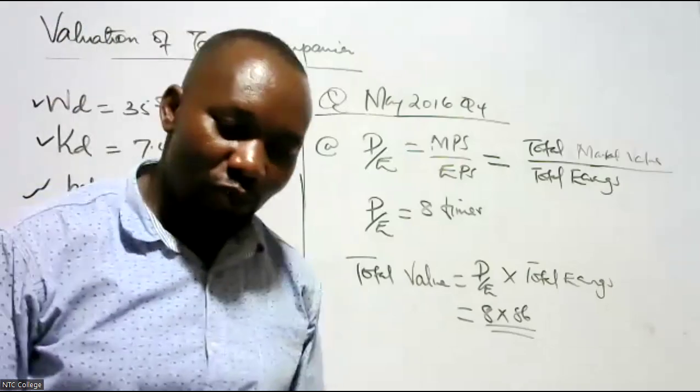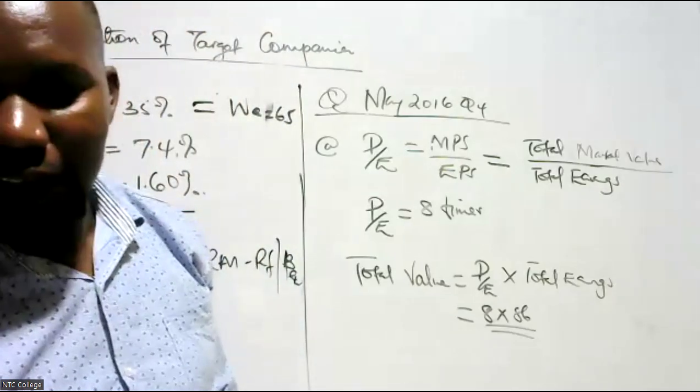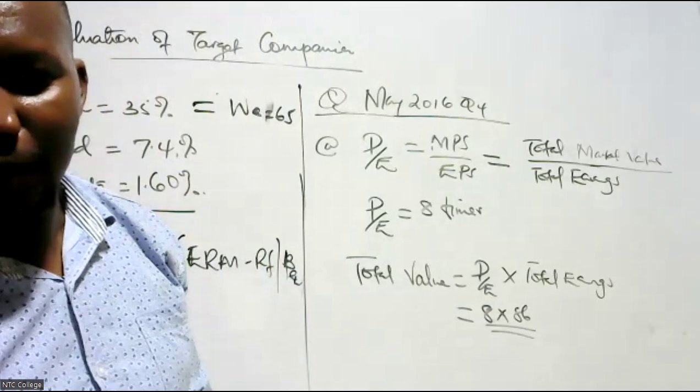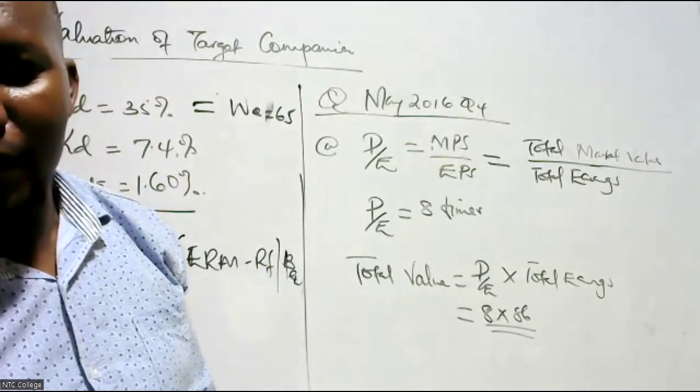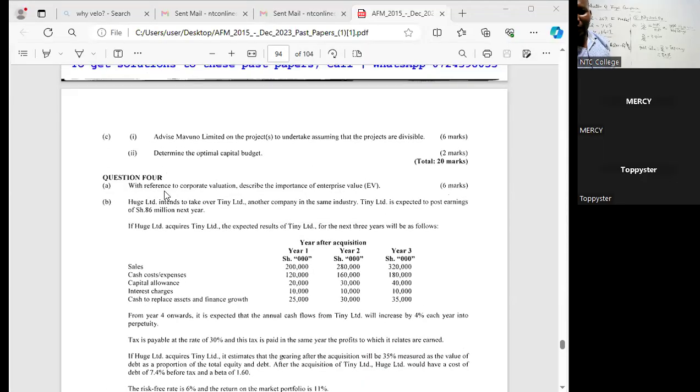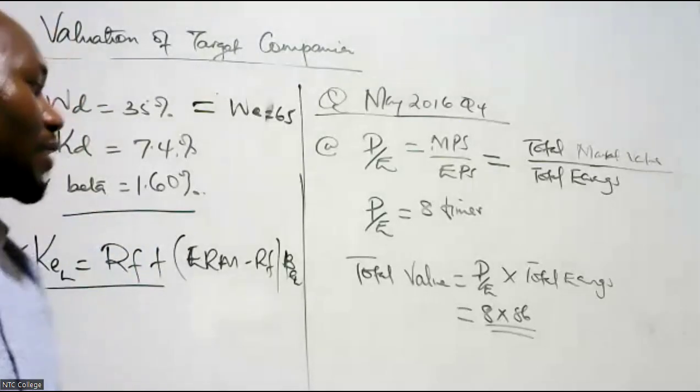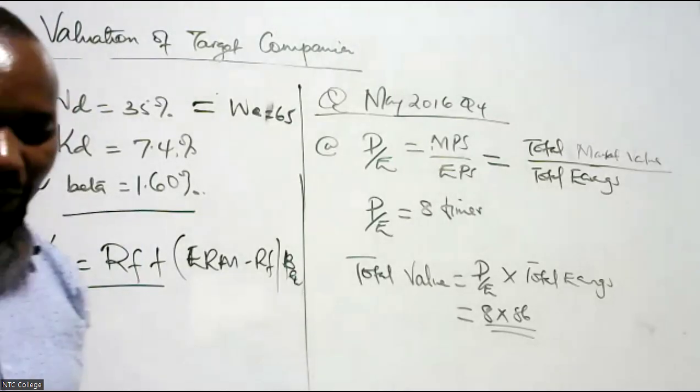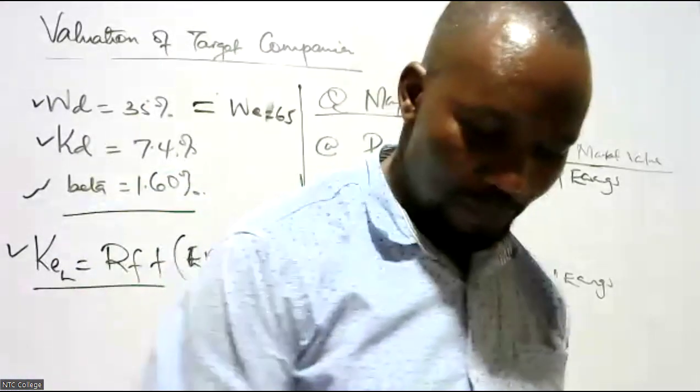Is this something that can scare you guys? The earnings have been given here. They are saying that Tiny Limited is expected to post earnings of 86 million next year. What are you getting? The value of the company using PE.